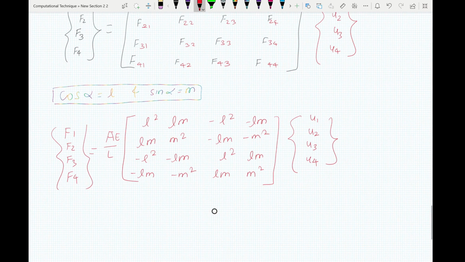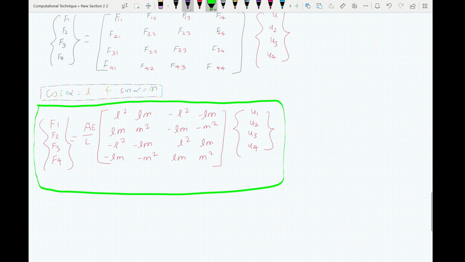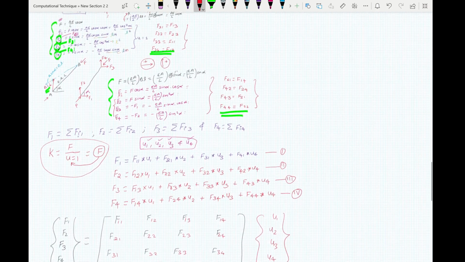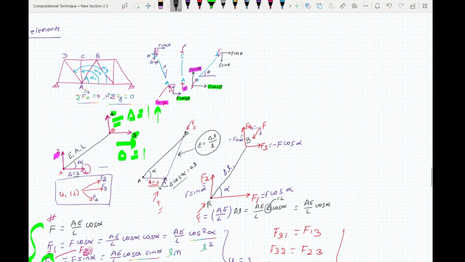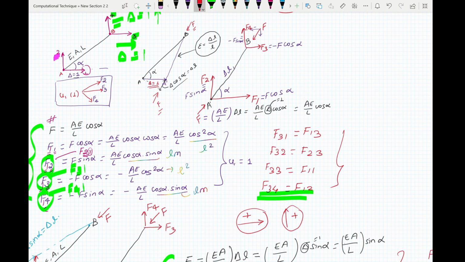This is our required equilibrium equation, and this is the required stiffness matrix for a truss element. Please be careful here, because the sign convention we are taking is anti-clockwise and the angle is made with the horizontal. So when you are solving a problem, be careful and use the anti-clockwise angle with the horizontal to be substituted in these equations.